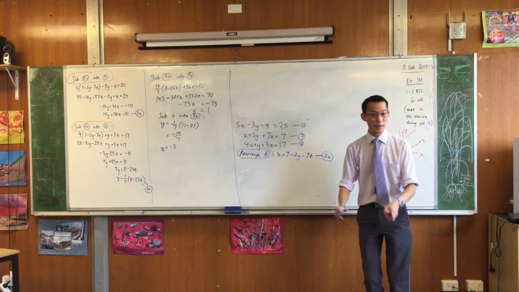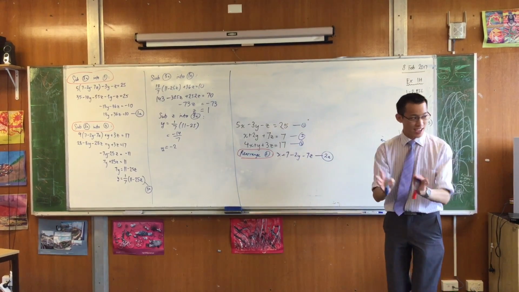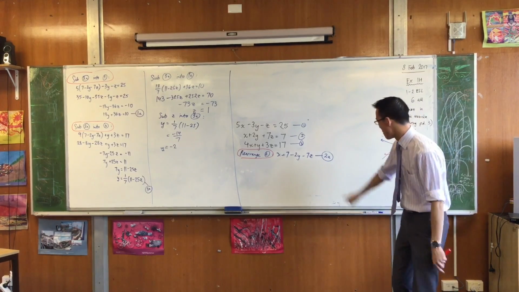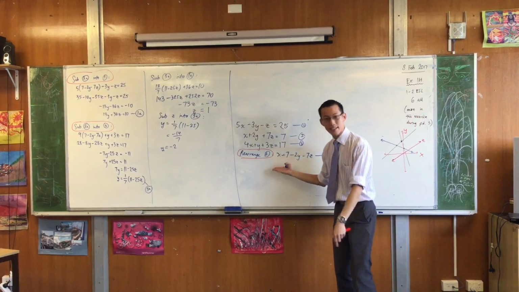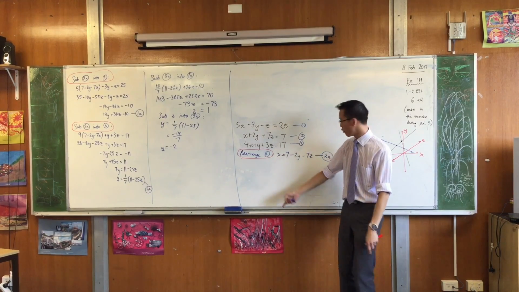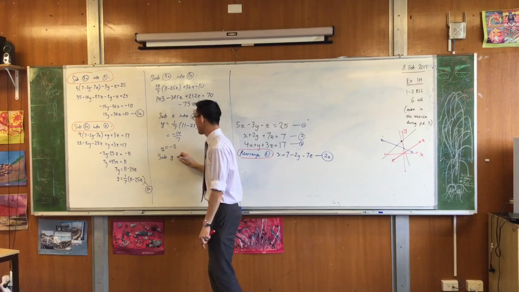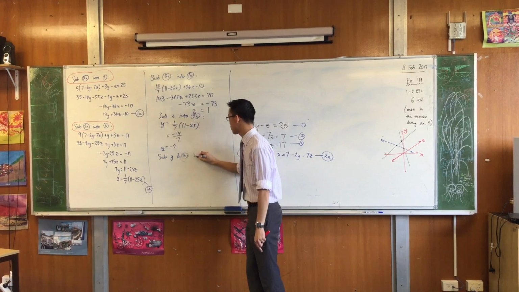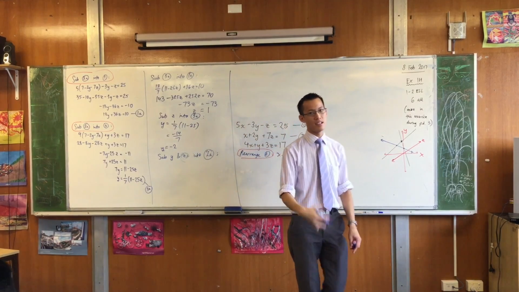Okay. Last bit. I now know z. I now know y. Last unknown. Where would you like me to put it? Yeah, so perfect. Okay, because you can see, save yourself some work. If you've already made something the subject, and that's what you want to solve, well, you might as well use that. So let's sub both y and z into that equation that will make it easiest for us to find.